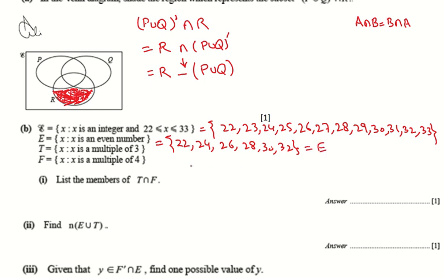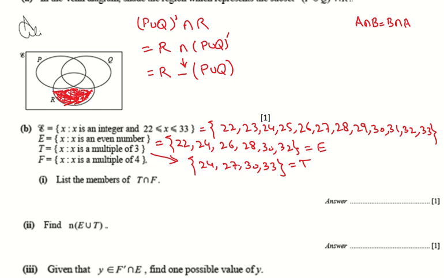And set T, which are the multiples of 3, the table of 3, which are divisible by 3. So 24 is divisible by 3, 27 is divisible by 3, 30 is divisible by 3, and 33 is the last one. So T is the set 24, 27, 30, and 33.